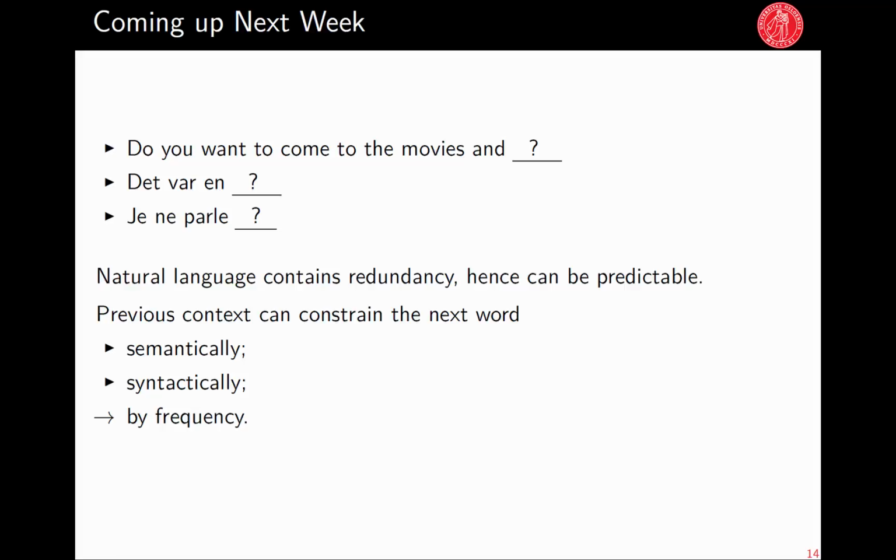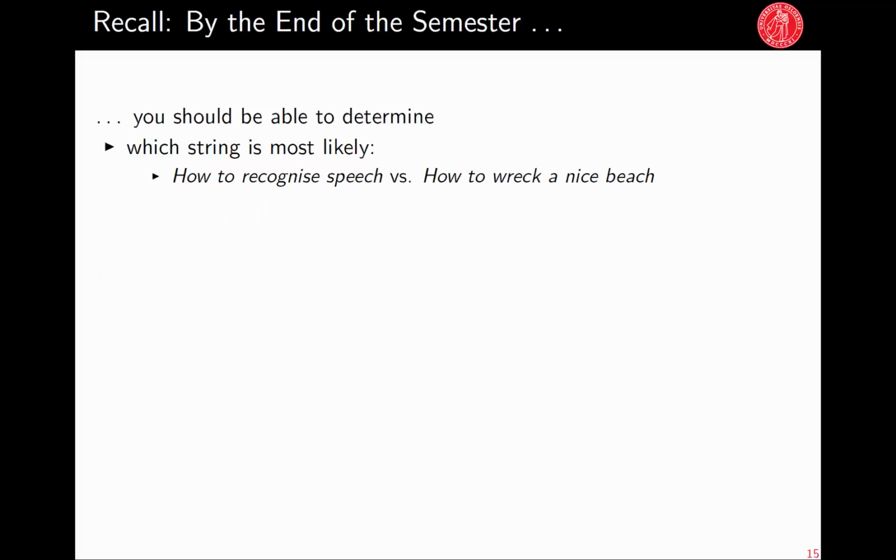Ultimately, those constraints are going to be in terms of semantics, meaning, and syntax, grammar. But we'll approach them in a much more mundane manner. We'll approach them by frequency, by probability. So we'll observe that certain words tend to follow certain words, and we'll just make that precise.